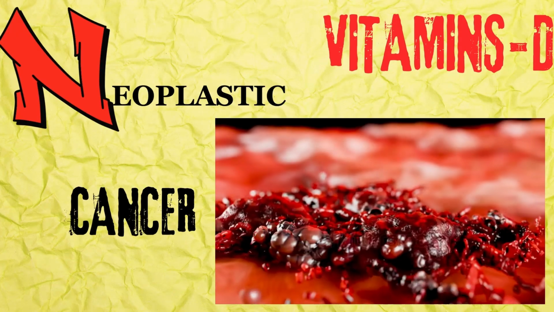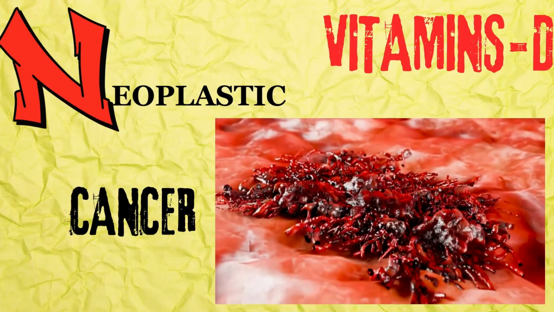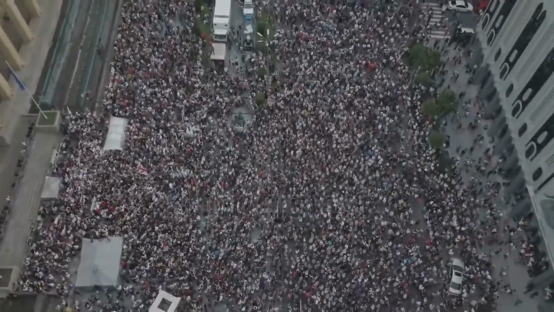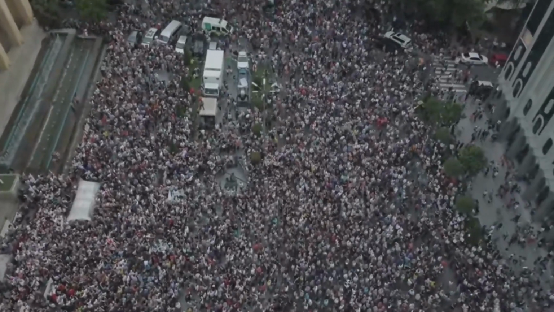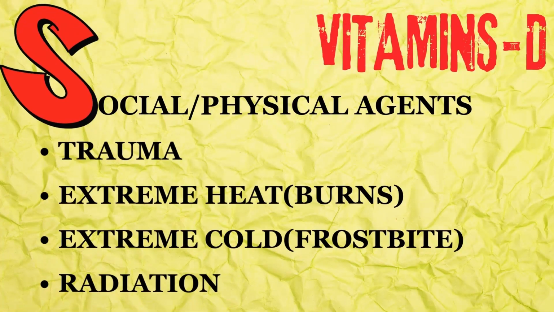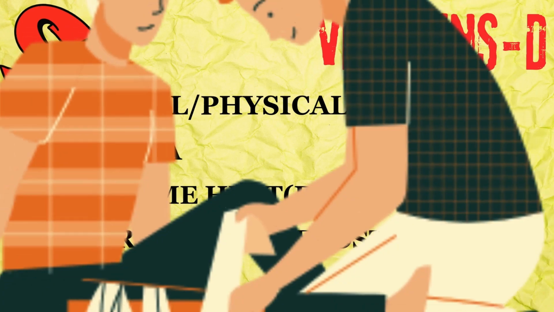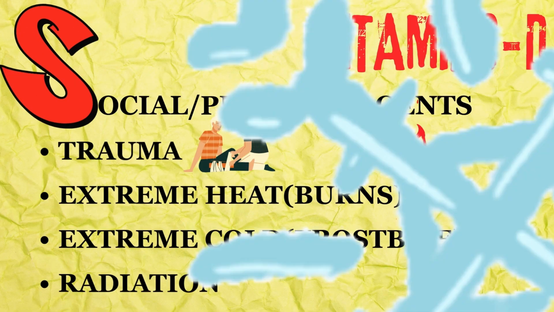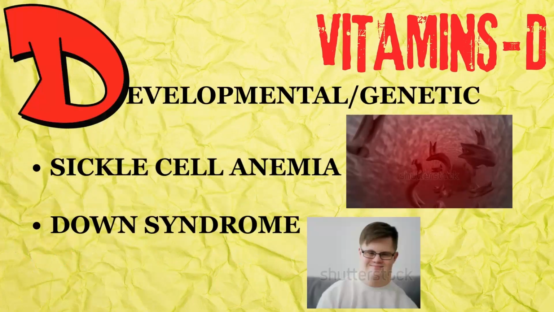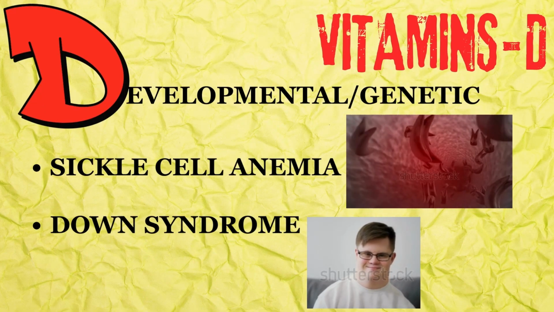Neoplastic, cancer, a rogue faction within the city takes over. Social or physical agents, trauma, extreme heat, extreme cold, or radiation. Developmental or genetic.